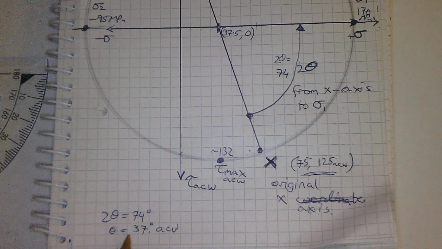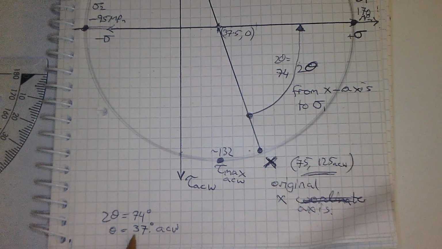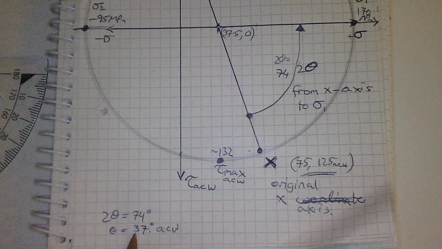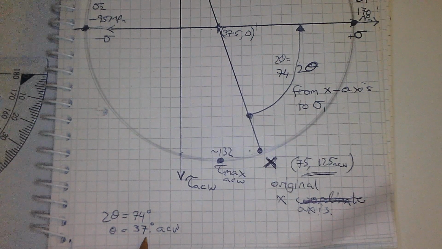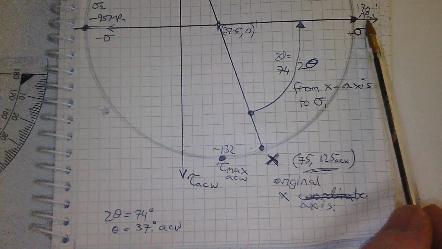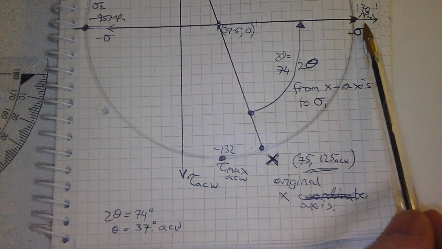If you were to, in the real world, look at your part, but look at it 37 degrees anti-clockwise from your original xy coordinate system, it would actually have 170 megapascals of normal stress on it.